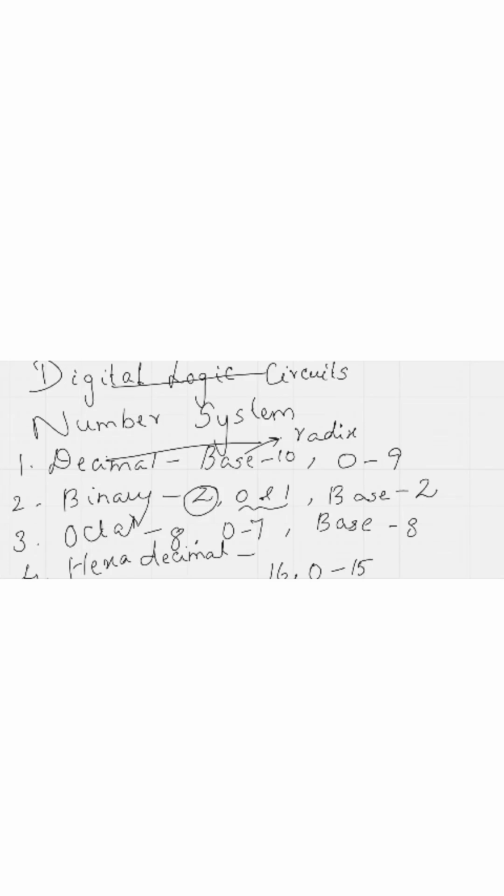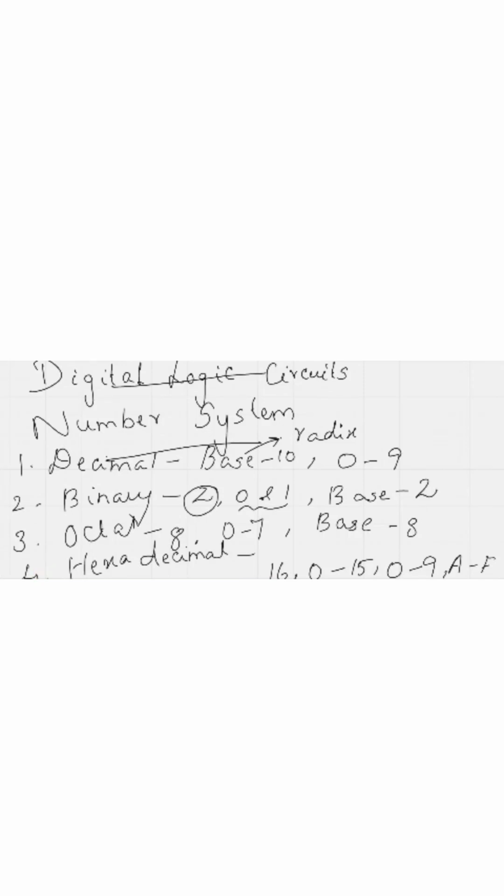How we represent these: the numbers 0 to 9 are the total 10 numbers, and after that the remaining numbers are represented by the alphabet values A to F.